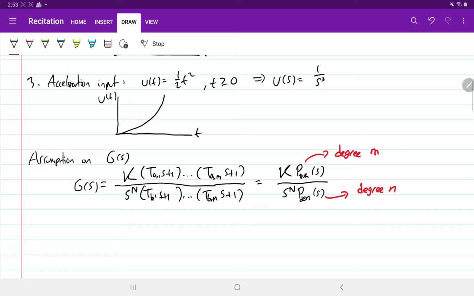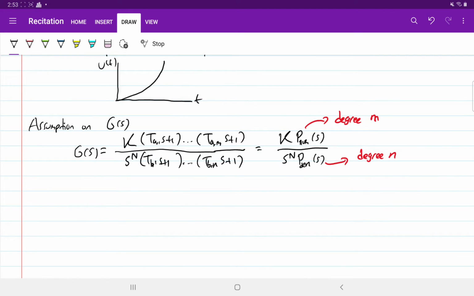All right, the question is, what is the steady state input for a given reference point or input signal?